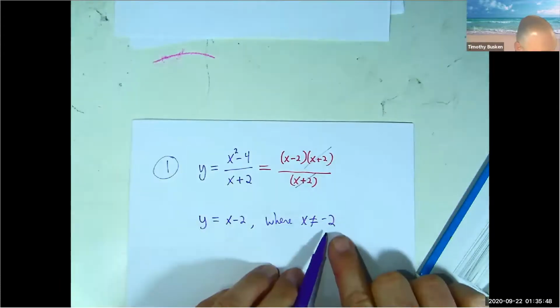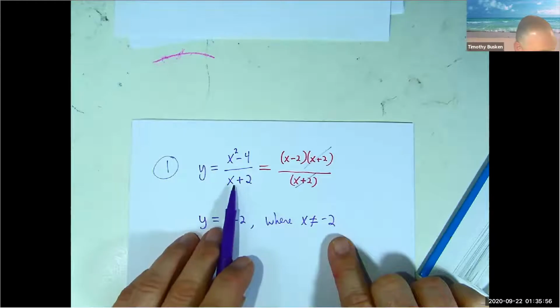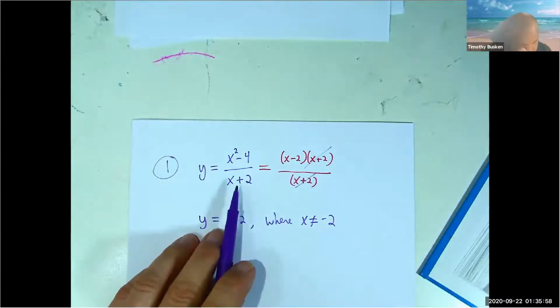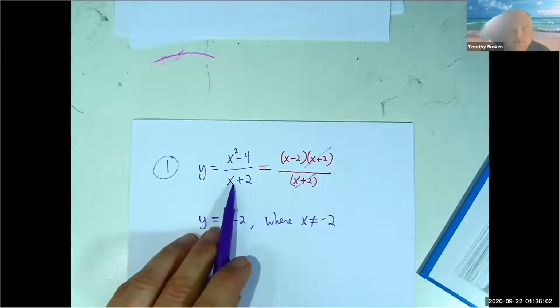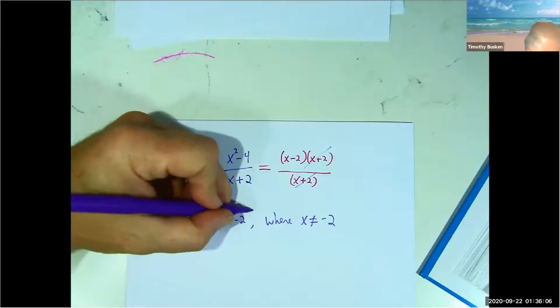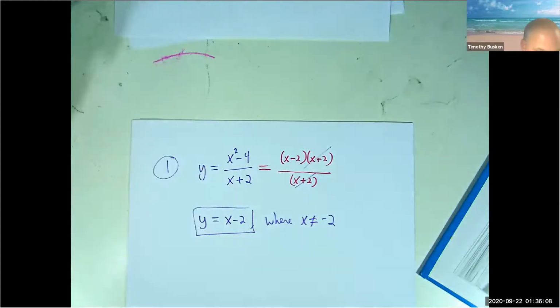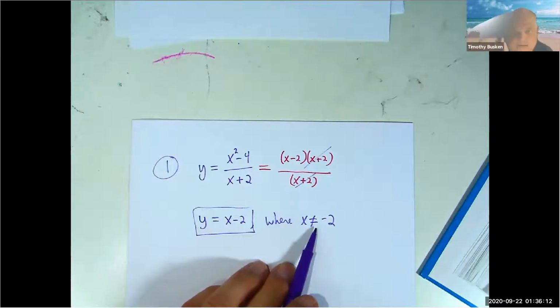Because if x is negative 2, we get a division by 0. So x equals negative 2 was not in the domain of the original function, or the function as it was originally given. And so this is nothing more than a linear function, and it's going to be a line graph with a hole at x equals negative 2 in it.